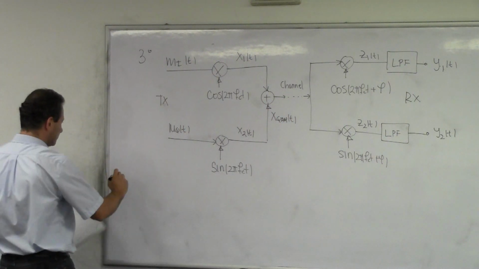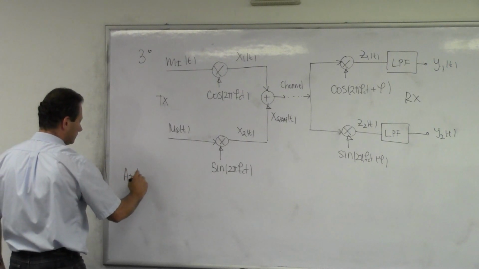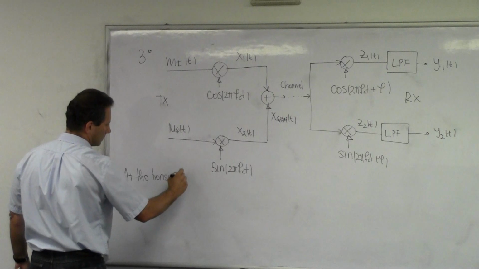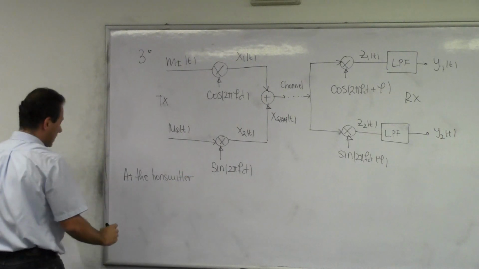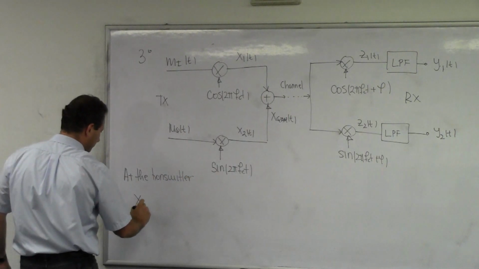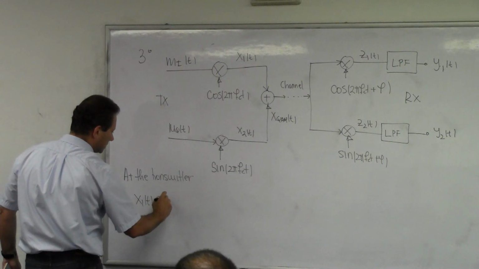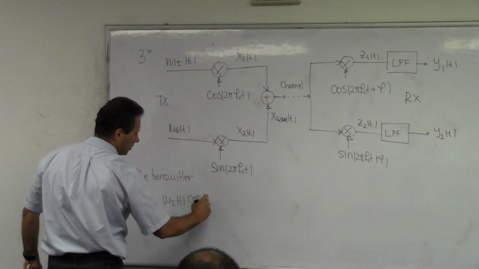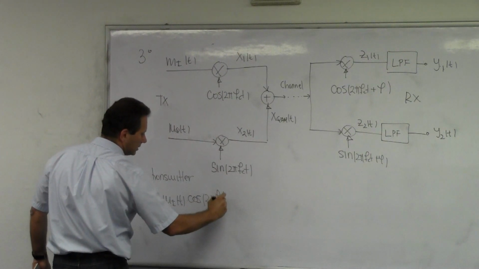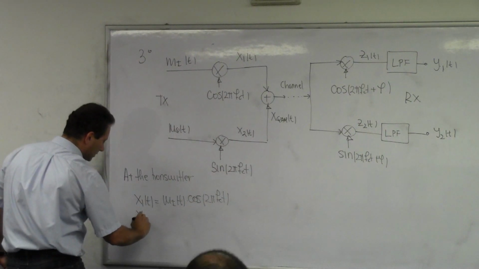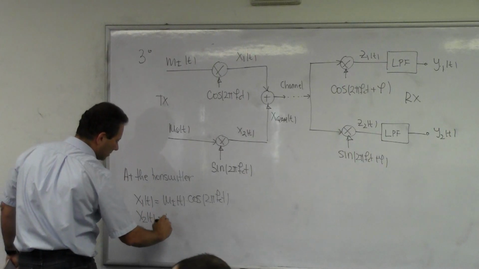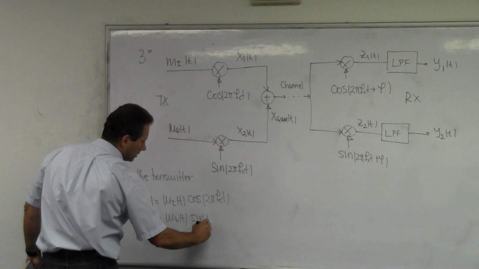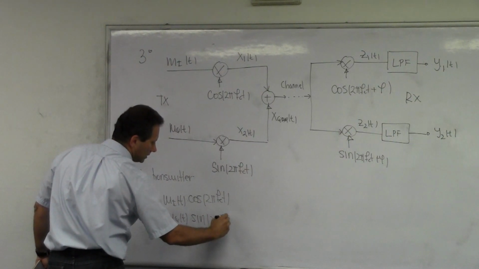So, at the transmitter, we have x1 of t, which is obviously mi of t times cosine 2 pi fct. x2 of t is going to be mq of t times sine 2 pi fct.